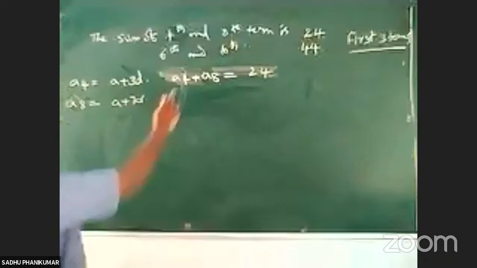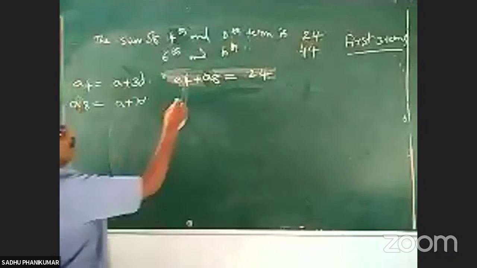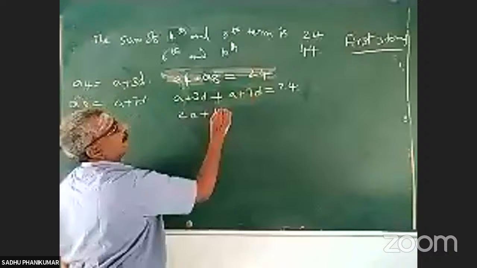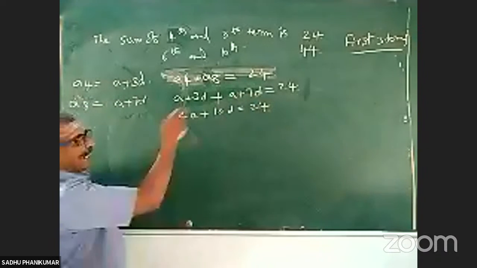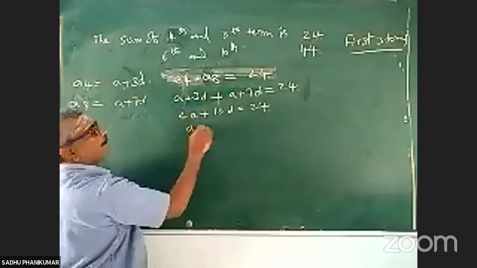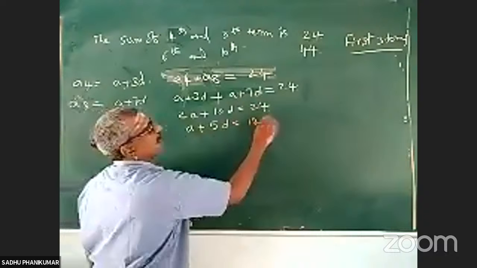So A plus 3D plus A plus 7D is equal to 24. 2A plus 10D is equal to 24. By cancelling with 2, A plus 5D is equal to 12.